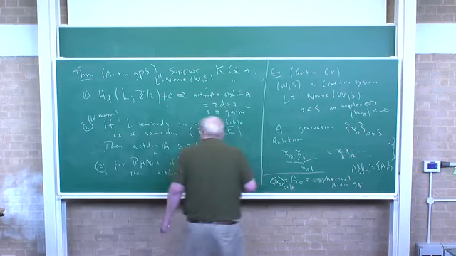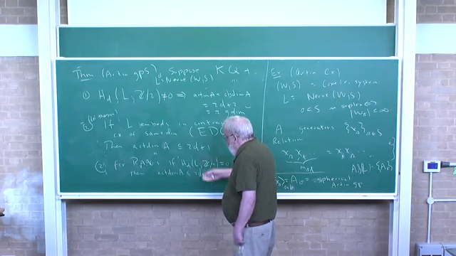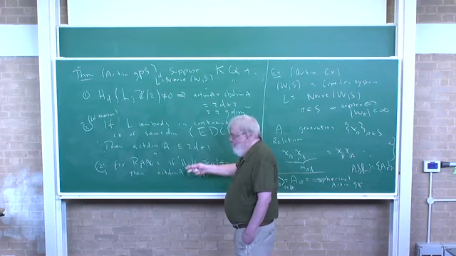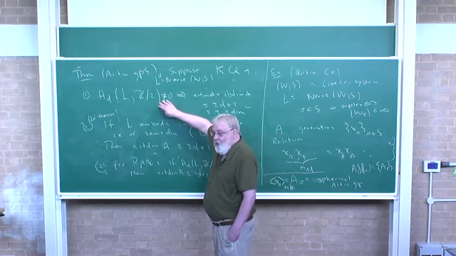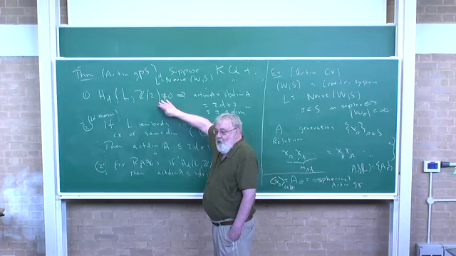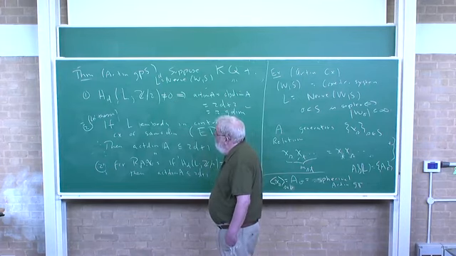So if you kill some homology, you have to increase something in the next highest dimension. If this is not 0, you can't kill it without introducing D plus 1 dimensional homology.